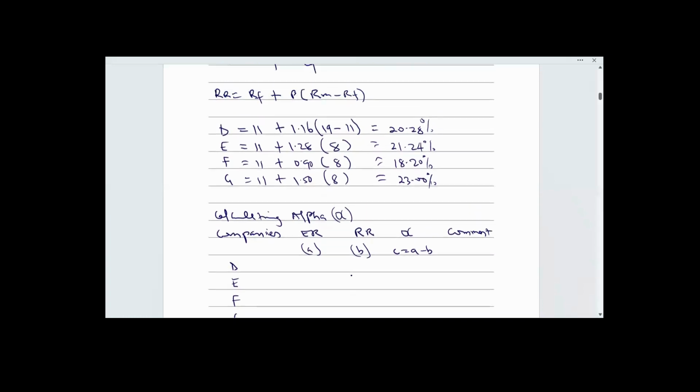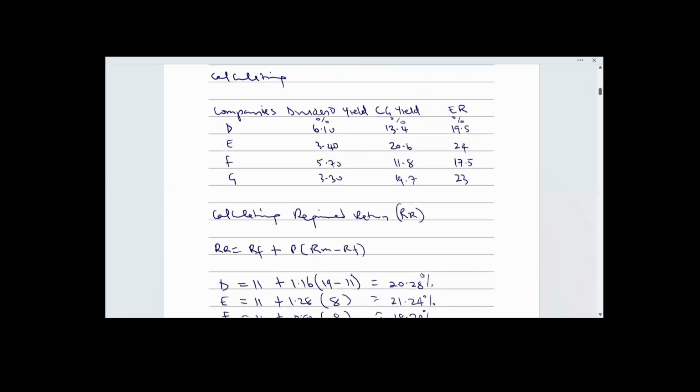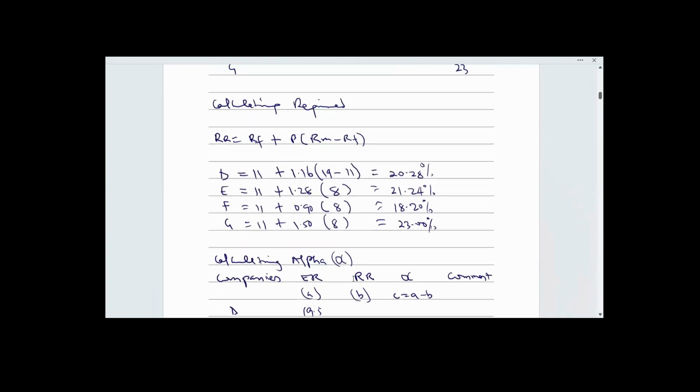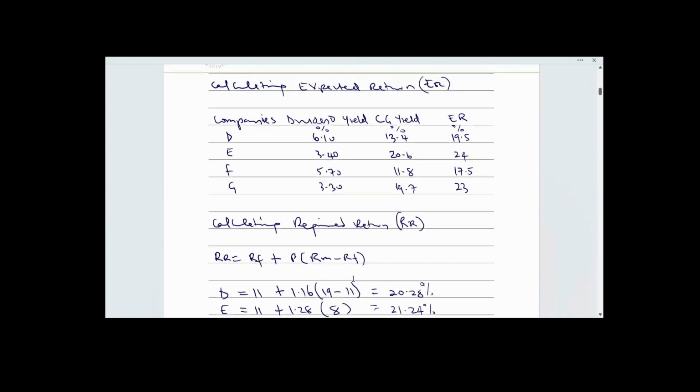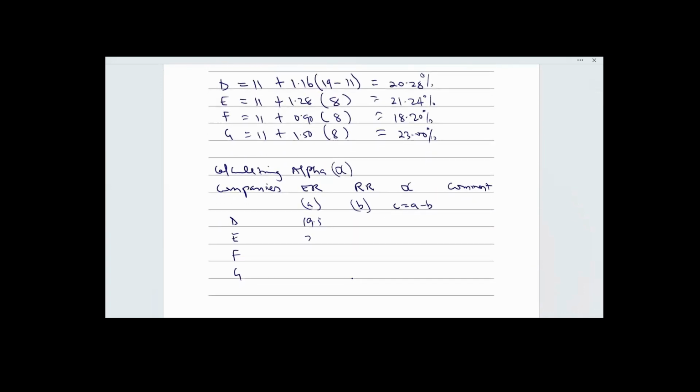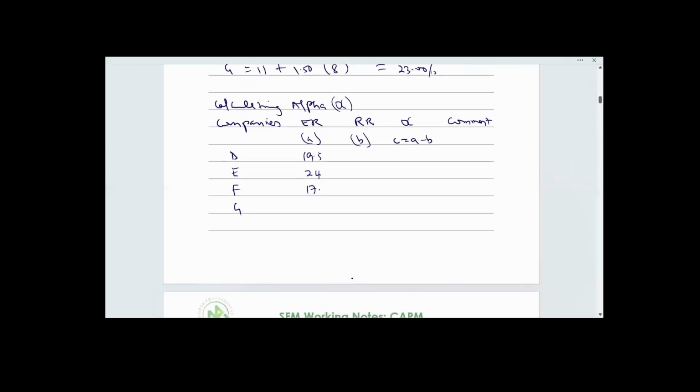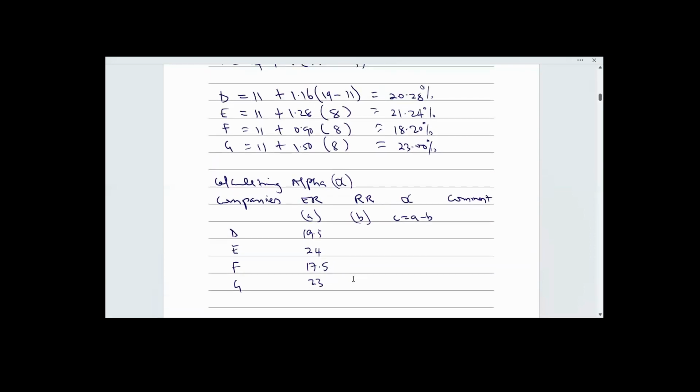Expected return of D is 19.5%. The next one is 24, then 17.5, 23. Then, of course, the required return we computed here is 20.28.